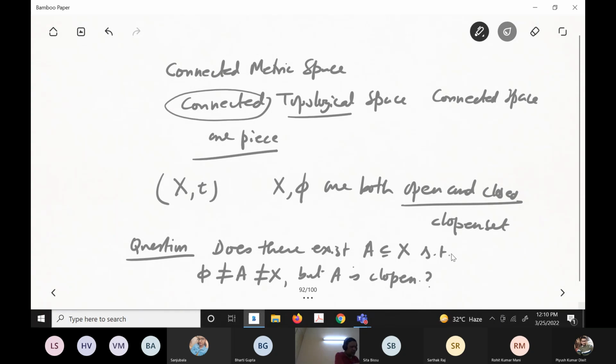That means a third closed-open set. Okay, that is the question.